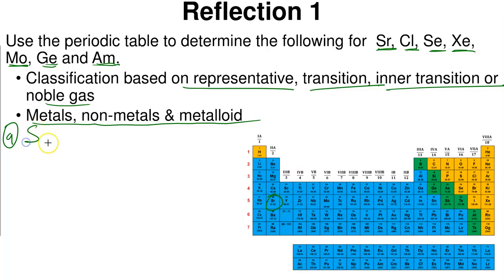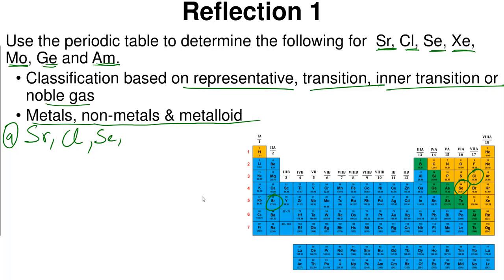Chlorine, of course, is here. Selenium, yes, selenium is here in group 6. So selenium is a representative or main group element.